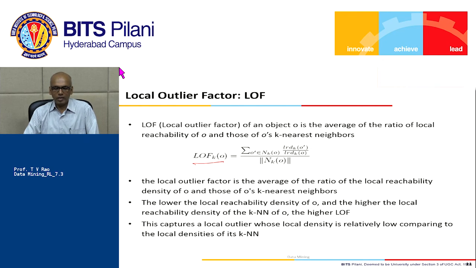But if this density is very different from this density, so if the density for the object O turns out to be much smaller, then the local outlier factor is going to be much larger. So whenever you have a lower density compared to the reachability density of the k neighborhood, you are getting a higher LOF.